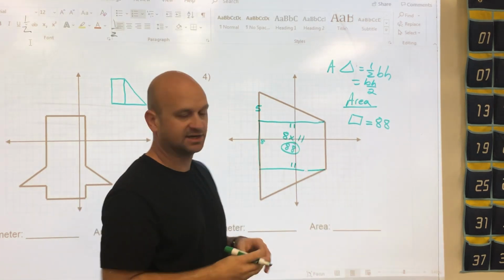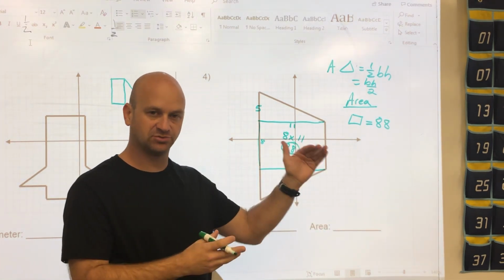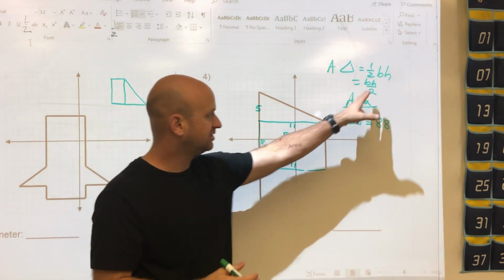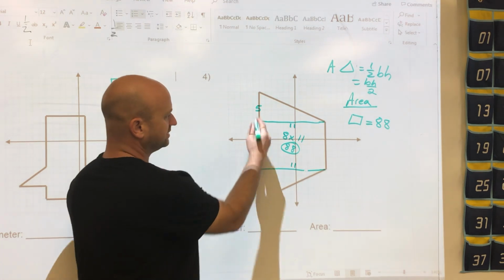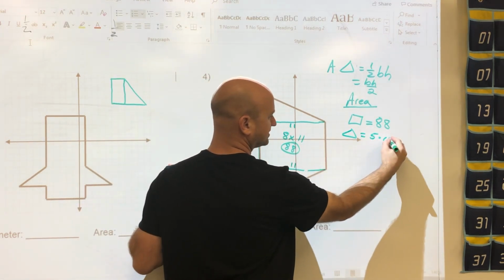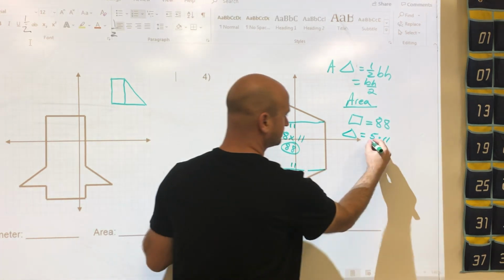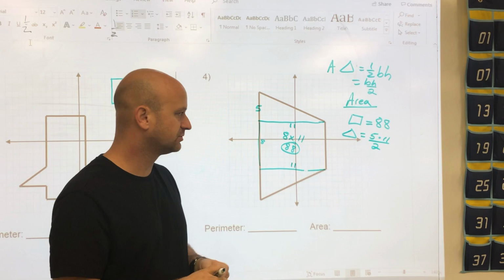And the reason I like that is with the calculators we use in class, we can use the ND button, the numerator denominator button, to plug in the base and height on top and then 2 on the bottom. So in this case, the area of this triangle is going to be 5 times 11, which is 55, divided by 2. So 55 divided by 2 is 27.5.